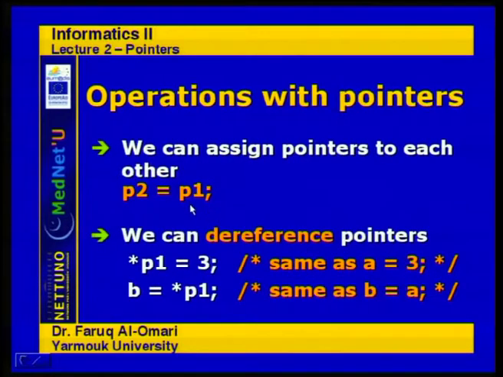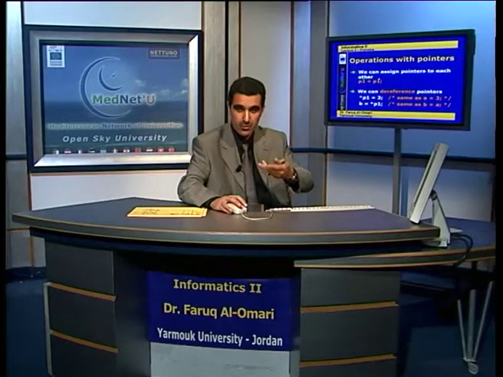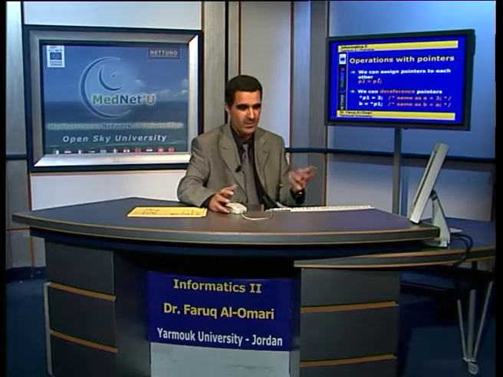Or I can assign pointers to each other. I can make P2, which is another pointer which we already defined in the previous slide, equal to this pointer, which has already been assigned to point to a. What does that mean?